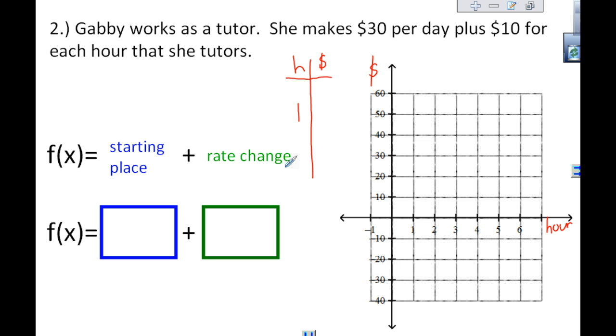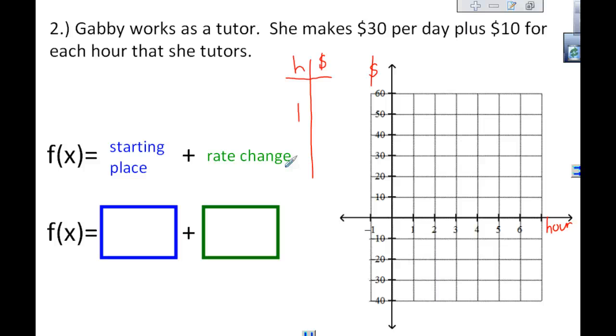After 1 hour, how much has Gabby made? $40. Read it again. Notice how that has nothing to do with math. It has to do with reading comprehension. If you just glaze over the words, see 30 and 10, and say, I guess it's 10, that doesn't really work.